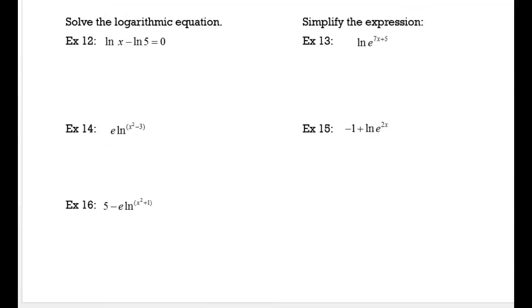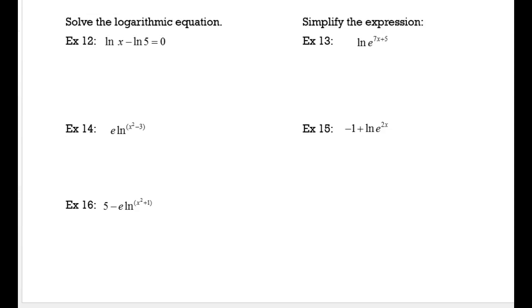All right, so we're still solving logarithms, and we're probably going to have to make them exponentials. Now, what's different on 12 is that we have 2 terms, and we need to consolidate these 2 terms. There are 2 ways to do this.